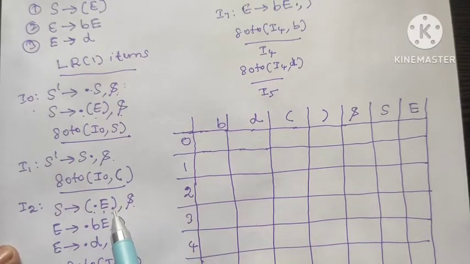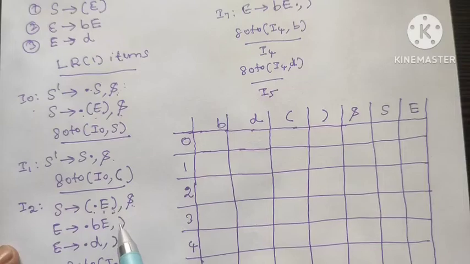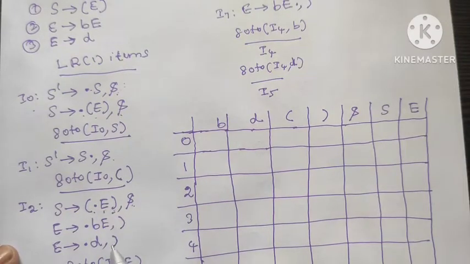First of beta a is first of close bracket dollar, and you will always get close bracket because close bracket is a terminal. So that is the answer. Introduce this close bracket in all the subsequent productions, for all the E productions we have introduced, so you write it like this.